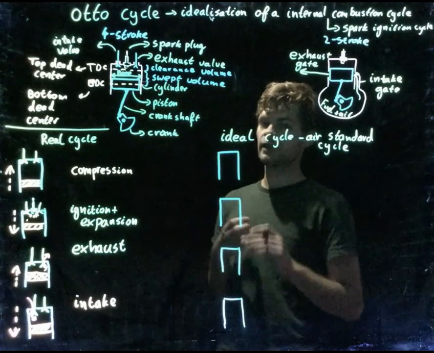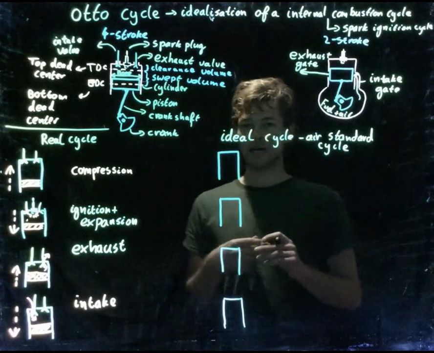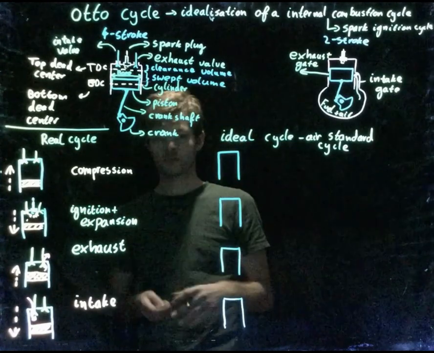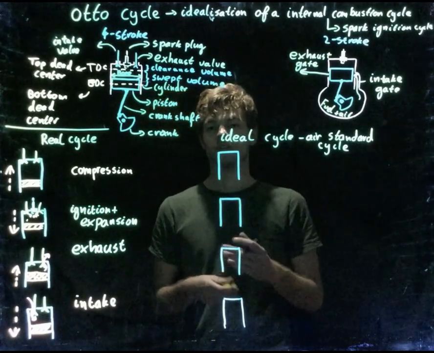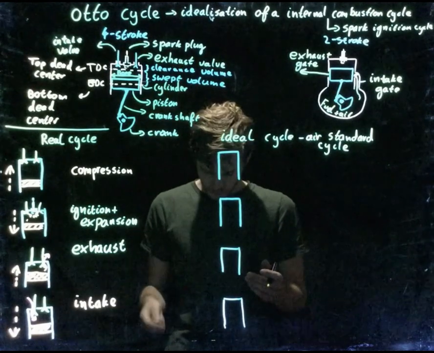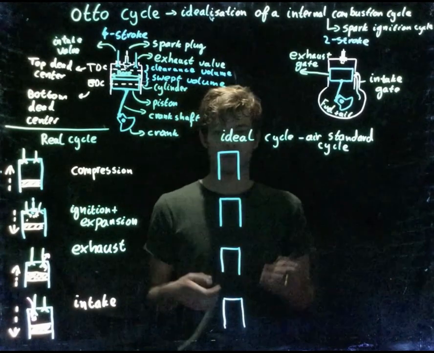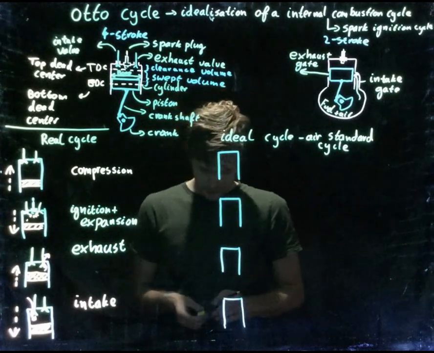Well, we're going to cheat a little, because sometimes we're going to assume that the whole system is adiabatic and perfectly isolated, and sometimes in some other, well, comparable to the strokes here, we're going to assume that actually heat can flow in or out of the cycle. So let me show you.